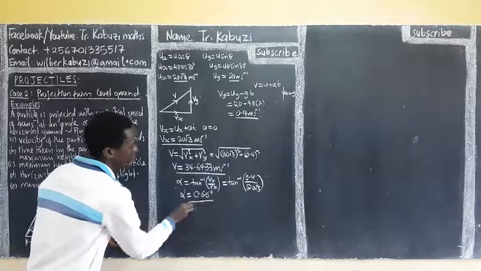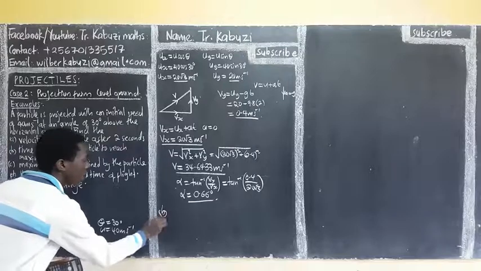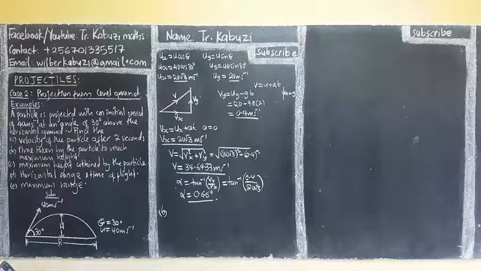So the angle is 0.66 degrees. Then we come to part B, the time taken to reach the maximum height. The particle reaches the maximum when the vertical velocity is 0.